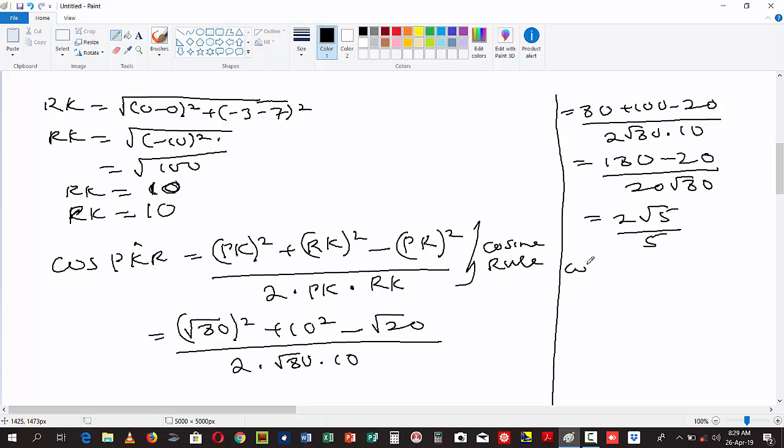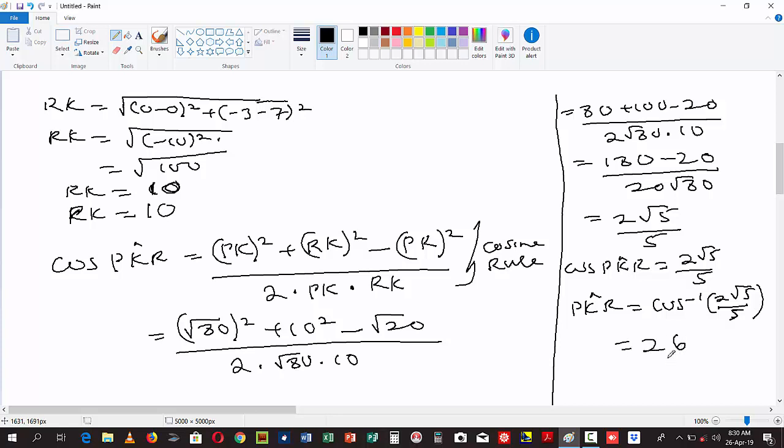So cos PKR is equal to 2 root 5 divided by 5. We need to find the angle K, so we take the second function of cos. Angle PKR is the inverse cos of 2 root 5 divided by 5. When you press your calculator, this gives us 26.565. Therefore, angle K is approximately 26.57 degrees.